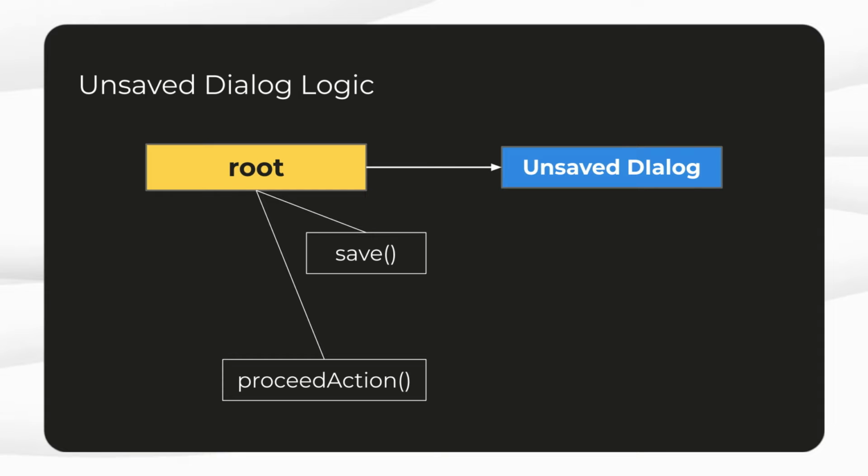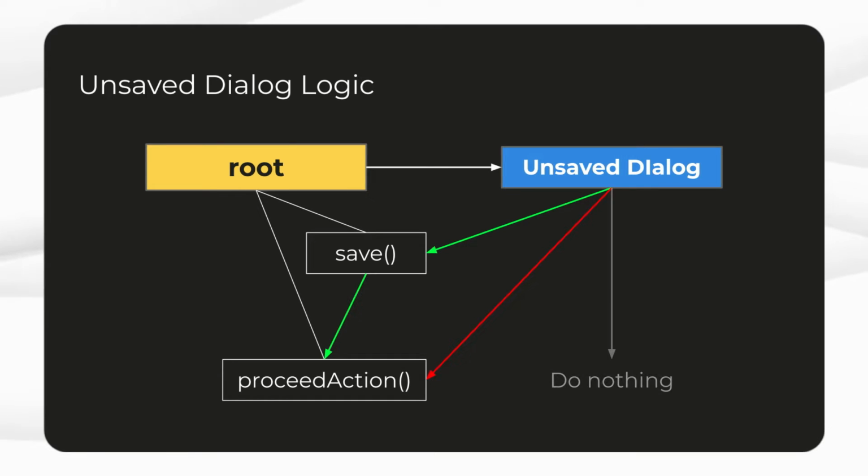If the user decides to save the progress, it will go through the save method from the root context and then go through the proceed action. If the user decides to discard the progress, then it will automatically call the proceed action method from the root context. Otherwise, if the user chooses cancel, then it will simply do nothing.